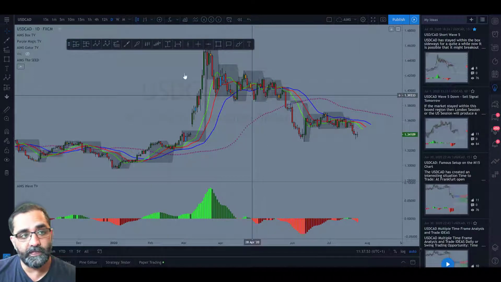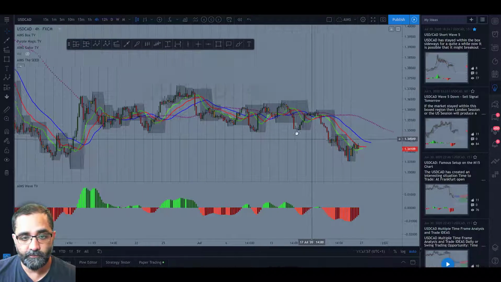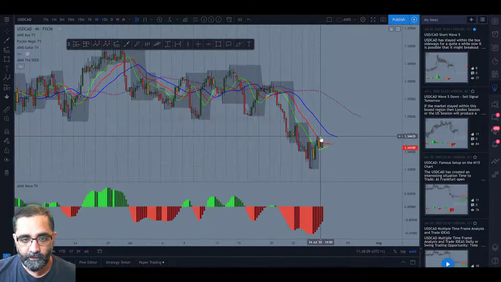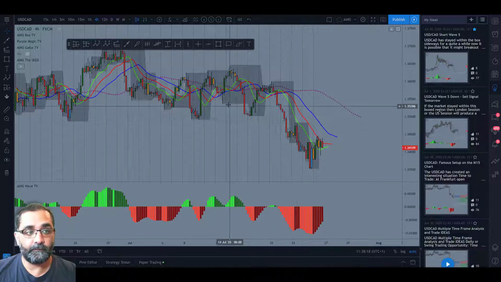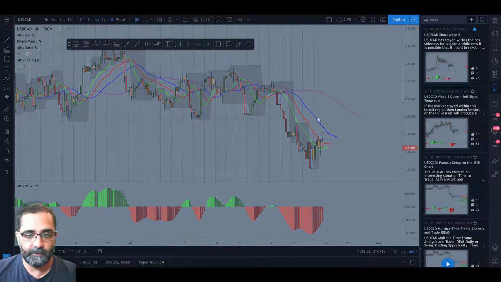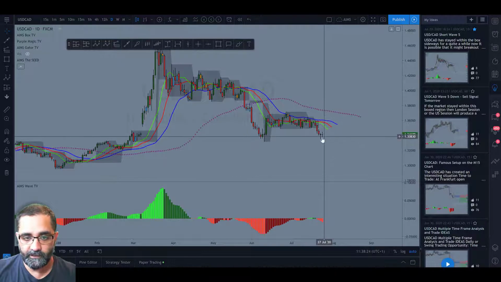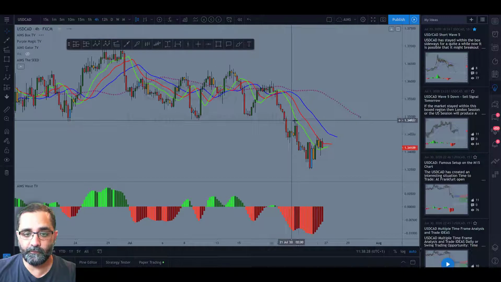Meanwhile, if it continues to go down on the hourly chart and the 4-hourly chart, it will produce some pretty good setup ones. On the 4-hour chart, now that we know that on the daily chart the alligator is open, every time there is a pause candle on the daily chart, let's see here, so these are like a couple of pause candles, it will create a setup one for us on the 4-hour chart.